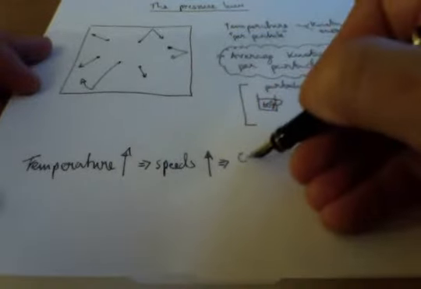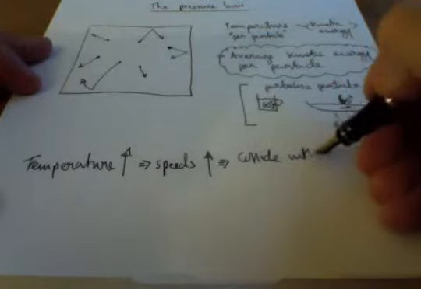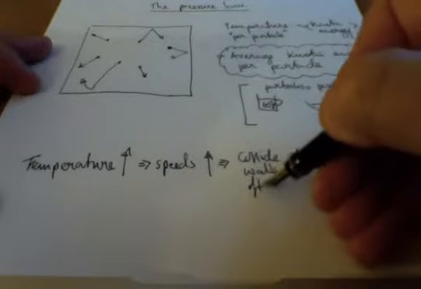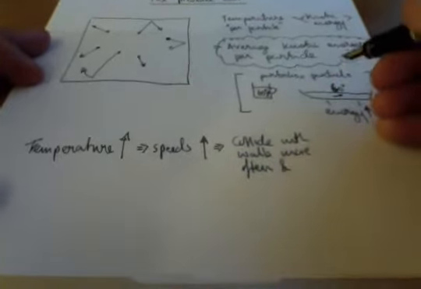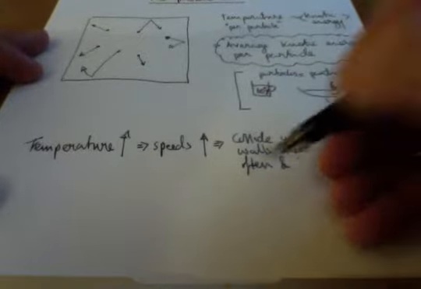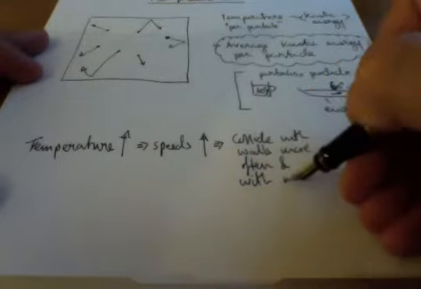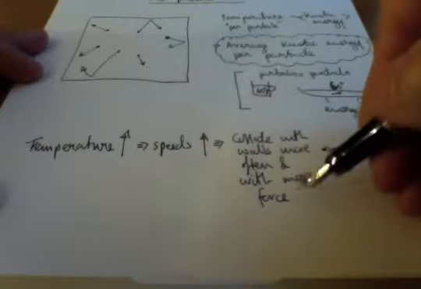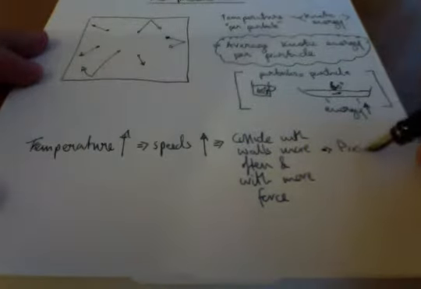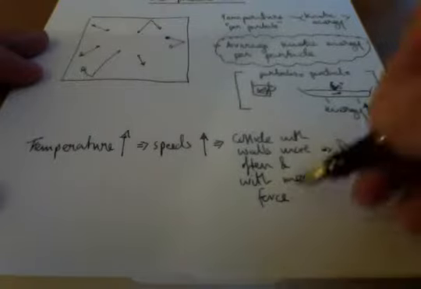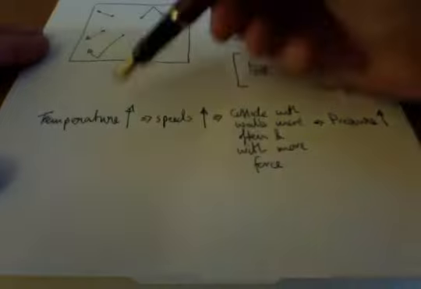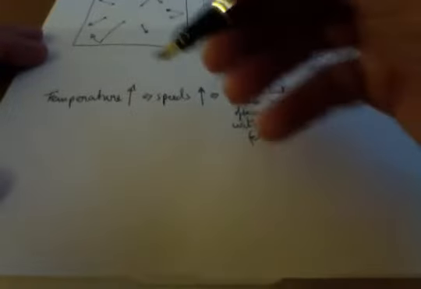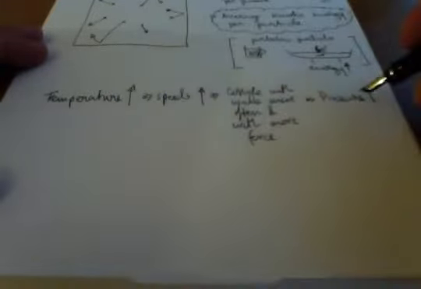That means that they collide with the walls more often and with more force. And therefore, if we have a greater force, the pressure increases, because we know how force and pressure are related. So essentially, as temperature increases, the pressure increases. So much so that if you double the temperature, we double the pressure.